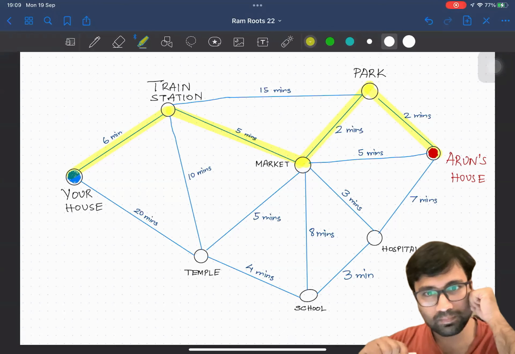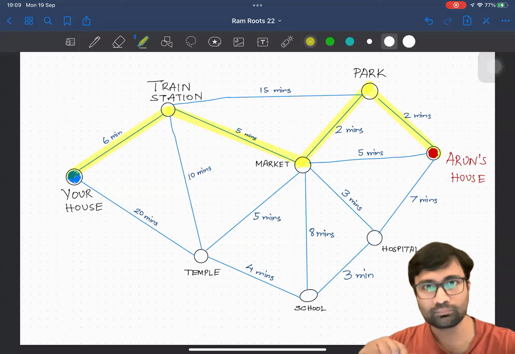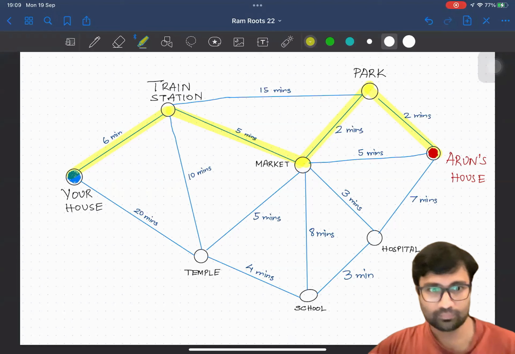Because if you add all the total time taken, it will be 6 plus 5, 11, plus 4, 15 minutes. But from our house to the temple, it itself takes 20 minutes, which is much larger than 14 or 15 minutes.